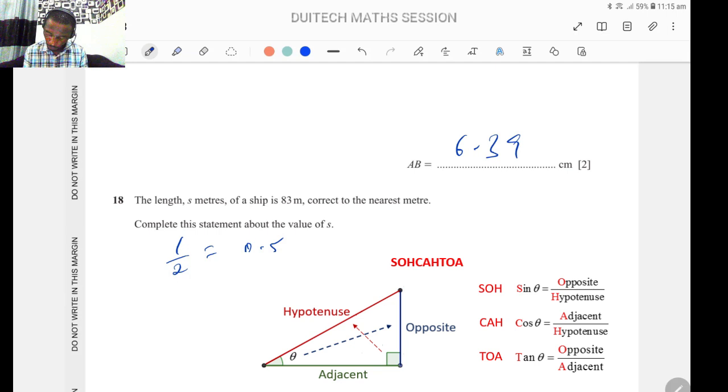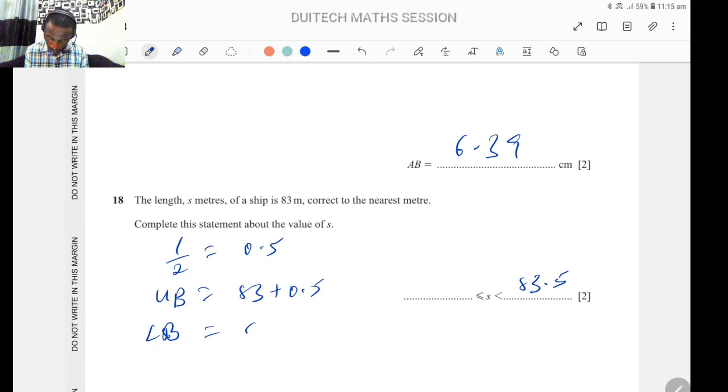So we have to look for the upper bound and the lower bound. For the upper bound, we add 0.5 to 83. So 83 plus 0.5 will give us 83.5. Now for the lower bound, we subtract 83 minus 0.5, and that will give us 82.5.